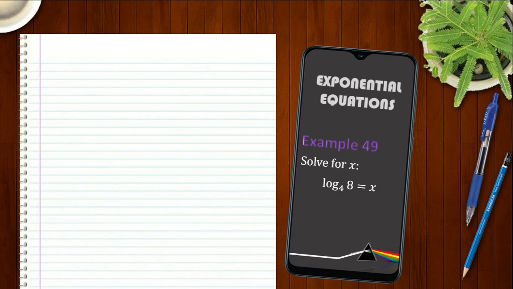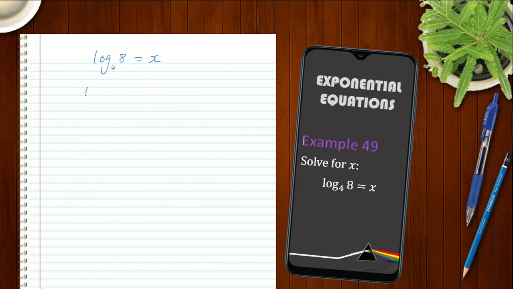Okay, so solve log base 4 of 8 equals x. Okay, so if we don't have maybe a calculator, this is, okay, if you have a calculator, you can type it in, but let's say you don't. So then base stays base.